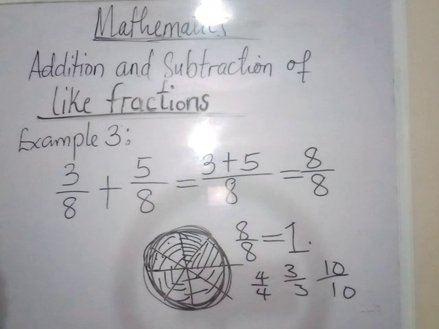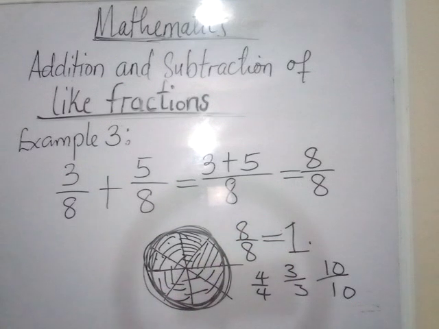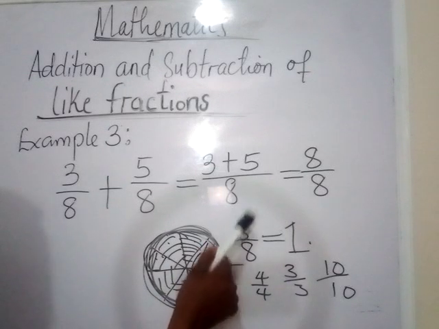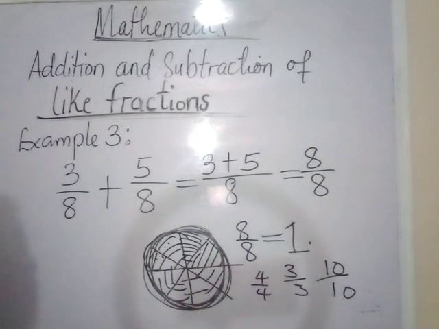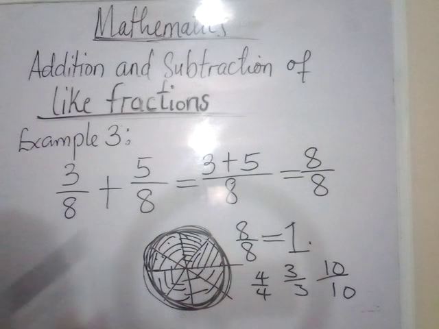But for now, we are okay with this. I just had to bring this up. You may not encounter this at this level, but just know that when a number is over itself in fractions, a number out of that same number, the answer is 1.